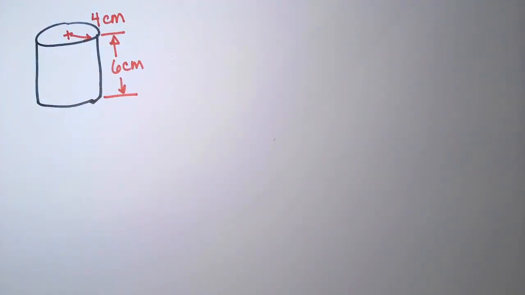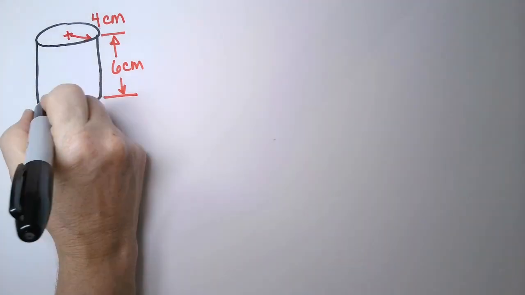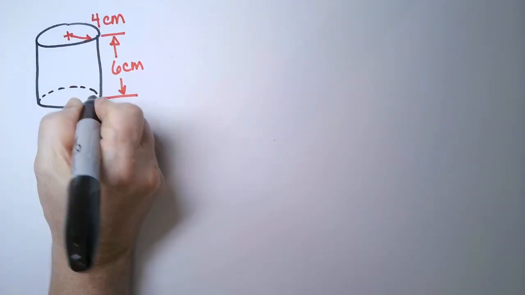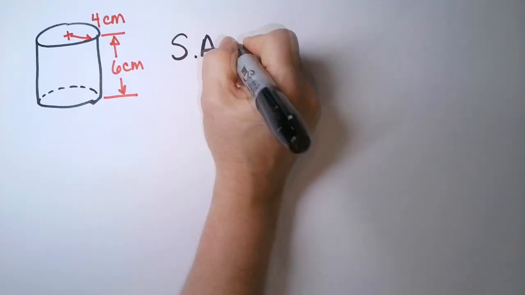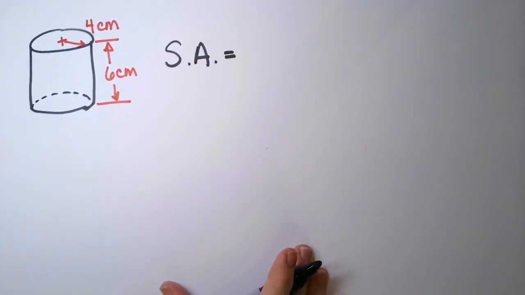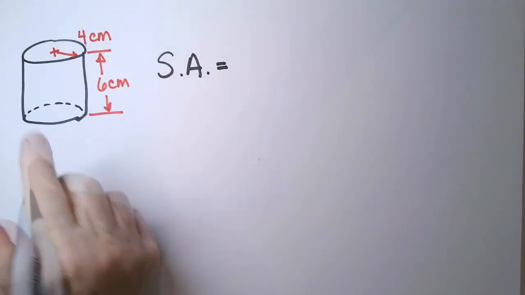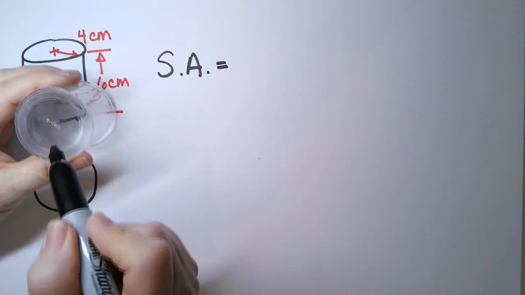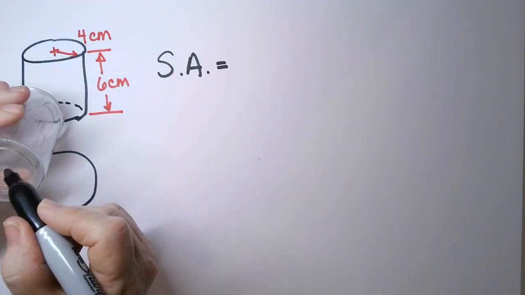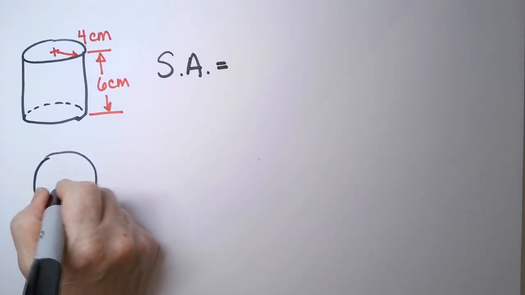Okay, so how do we do this problem? So we have a closed end down here, an open end down here. So my surface area is going to be the perimeter. So here's the picture if you were just looking this way. Okay, so this radius here is 4 centimeters.